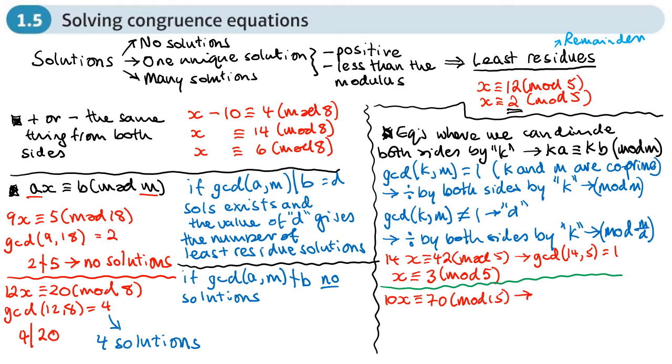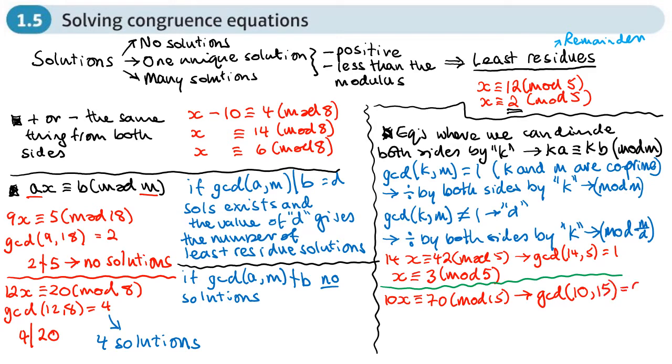I'll make it a bit clearer this time. I want the greatest common divisor of what I can divide both sides by. Here it happens to be 10. It's not always the number that's written here, it just happens to be in my examples. So I can divide both sides by 10, and I want to find the greatest common divisor of that and 15.